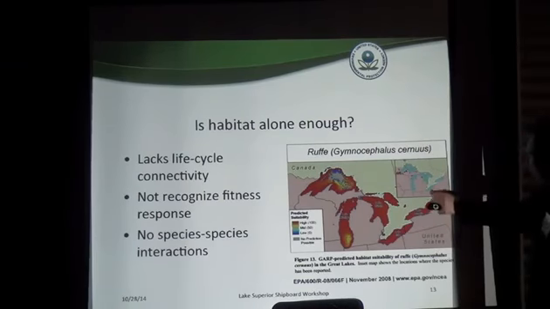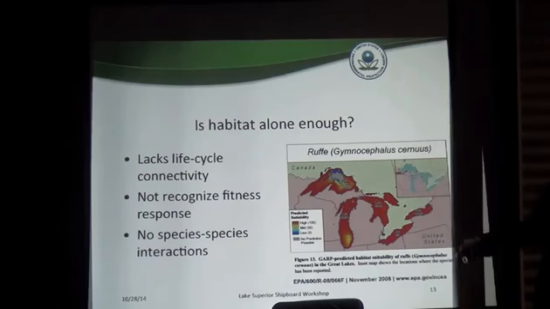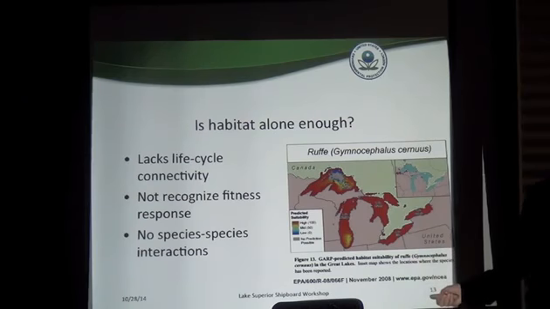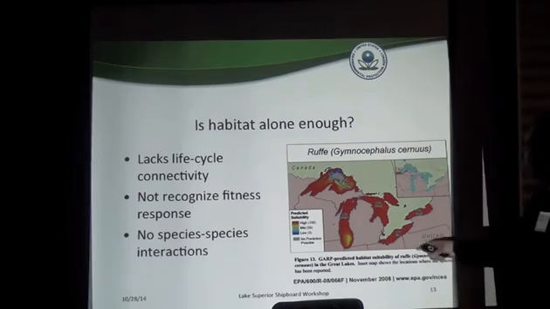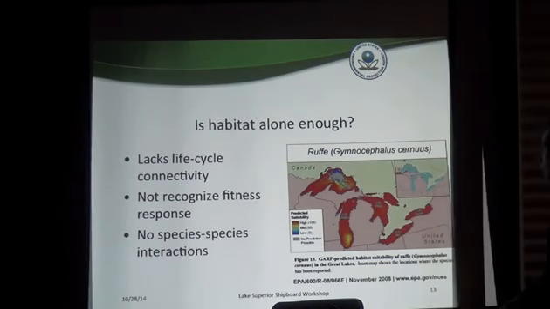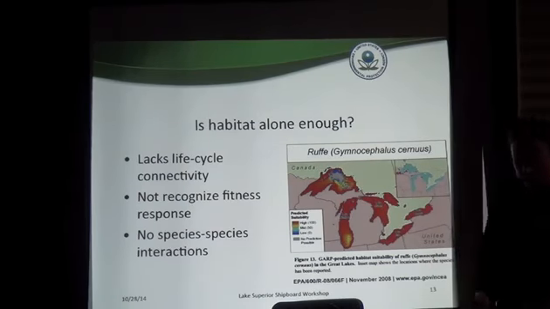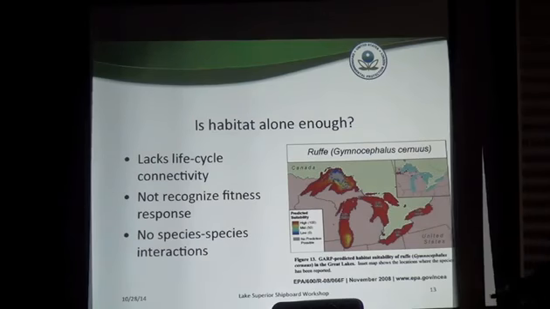And this here is a little map of where ruffe are going to be. I don't know. You can do the squint test, but they don't look a lot like it. Even the authors of the analysis say these things don't look a lot like it, and they want to argue that's not the point. There's lots of things that are missing. But that's one of the problems we have, that some of the basic information we have isn't enough to do a good job.